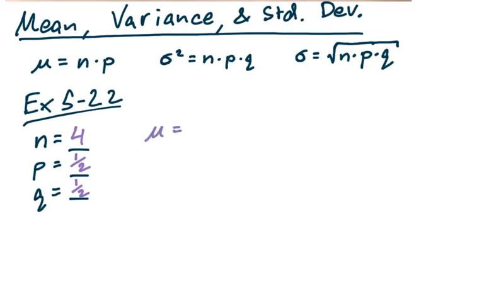Therefore, mu is going to be N times P, and that is 4 times 1/2. That gives us 2. The average number of heads that we would expect to see would be 2.